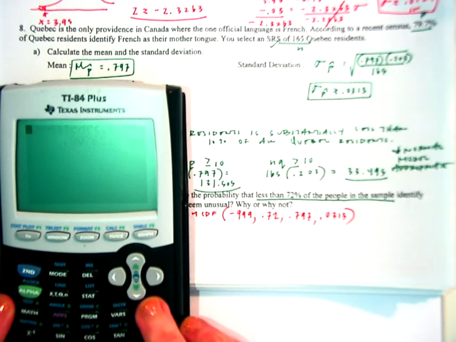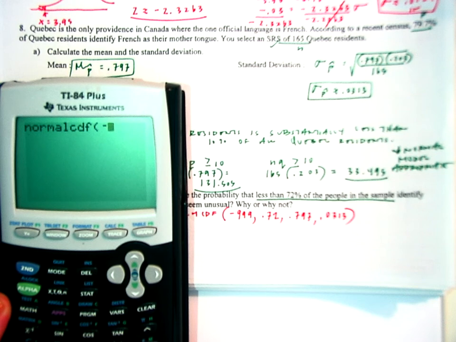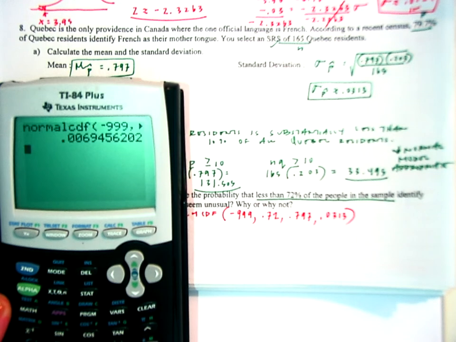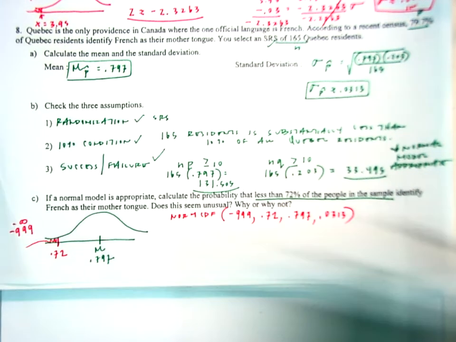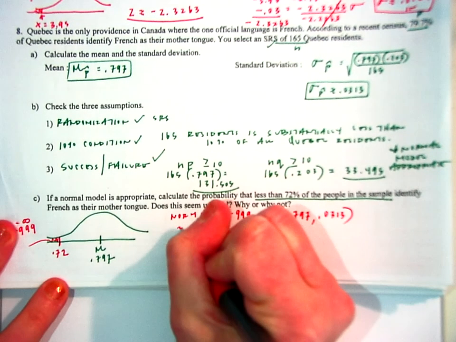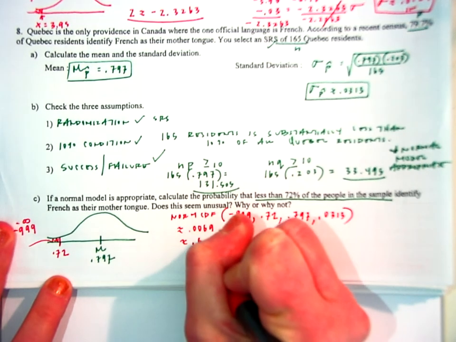Last problem. So normal CDF, negative 999, comma, 0.72, comma, 0.797, comma, 0.0313. There we go. So we get 0.0069, which would be about 0.69%.